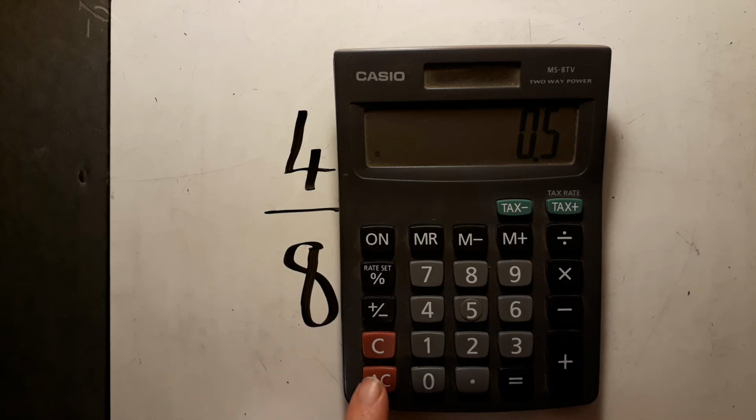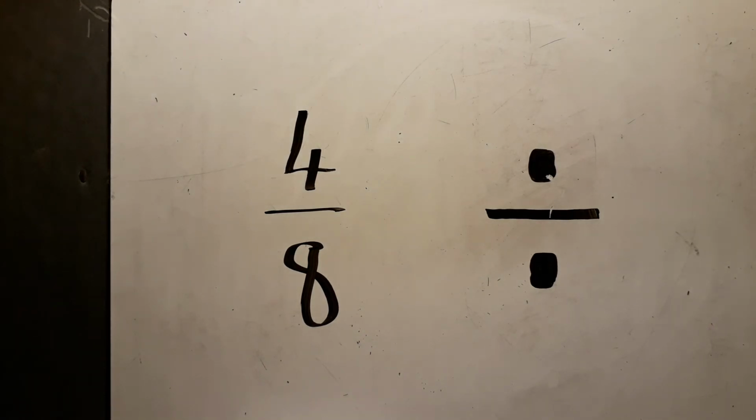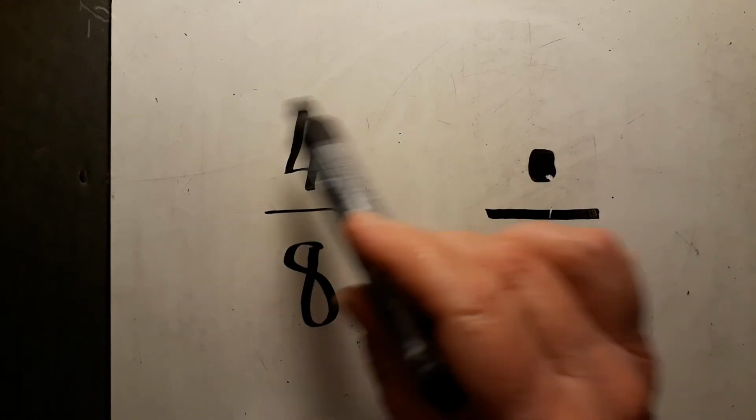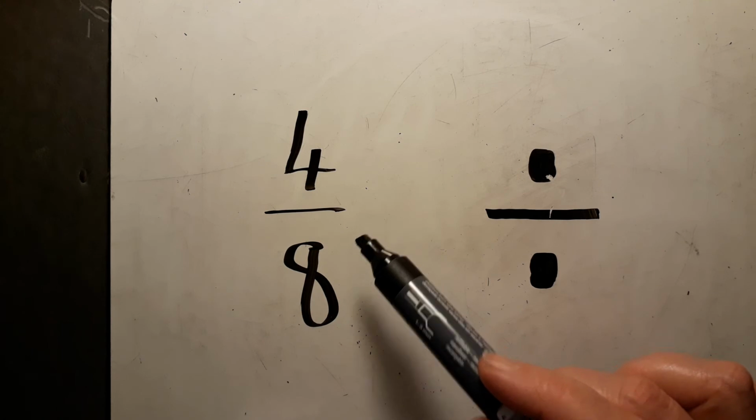As long as we know that our fraction means divide, then when we're looking for patterns in numbers, the reason we don't add or subtract and we look at multiplication or division is because our fraction actually means divide.